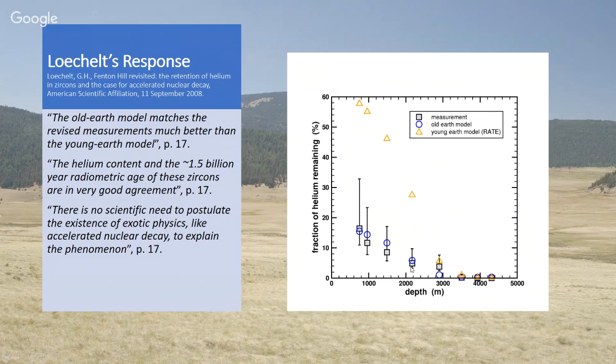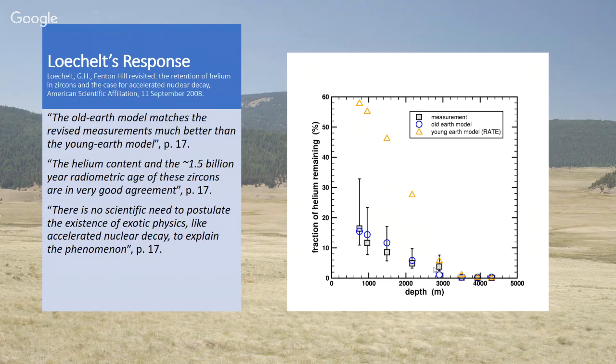But what I was able to show is that, looking at the measured data, and this has taken into account some of the measurement errors that Dr. Henke identified last week, if you construct an old Earth model with correct inputs, you can actually have very good agreement with the data.